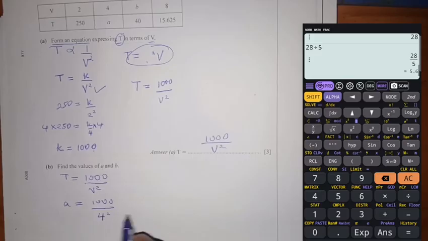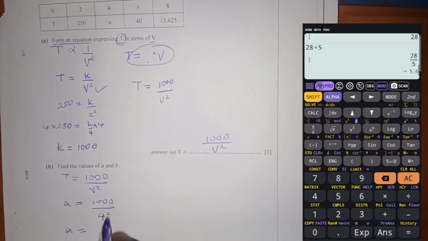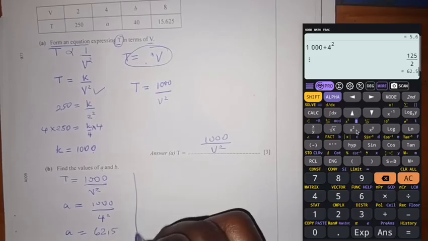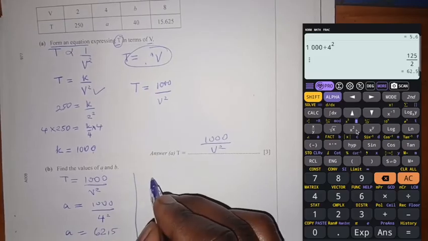This is A. So my A is 1000 over 16. So what's the answer? It's 62.5.